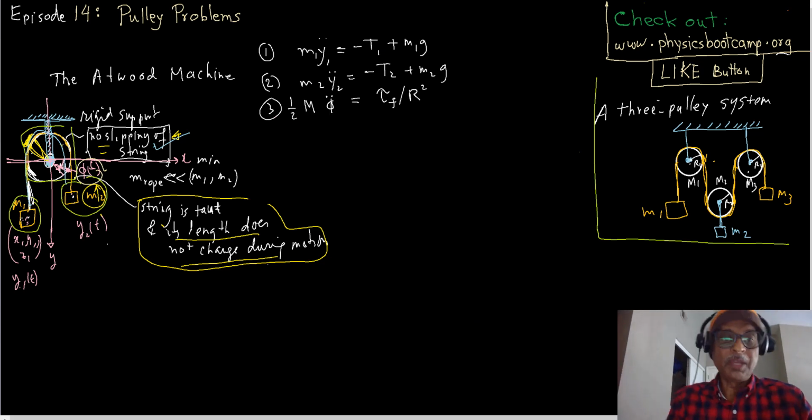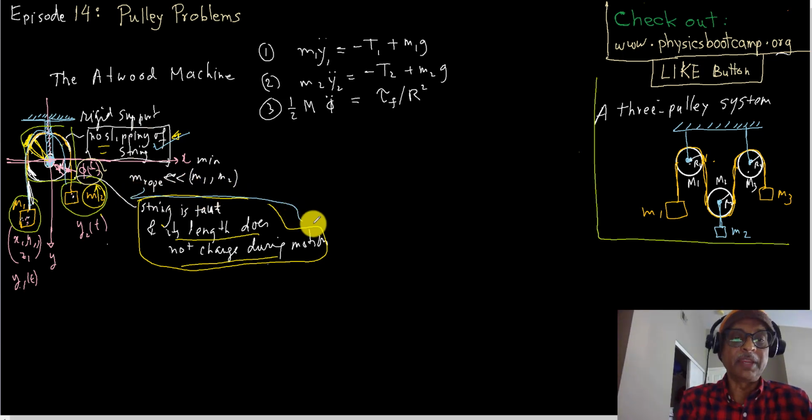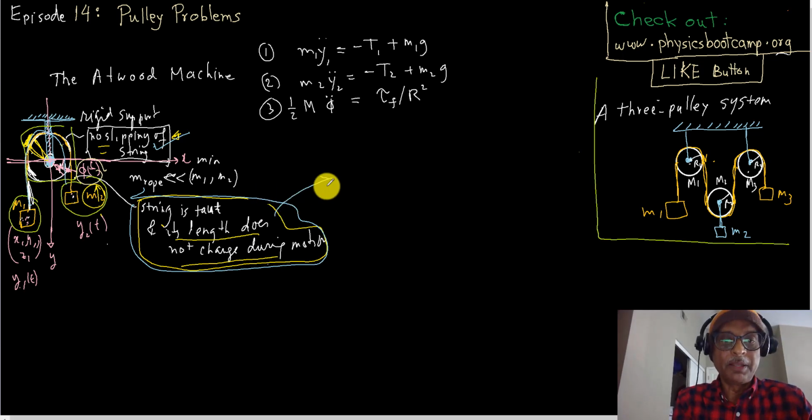Okay, so now let's look at this constraint. This constraint will do one thing: the length of the rope will be the same. So what's the length here? The length is this y1, this y2, plus what goes around there, so pi times r.